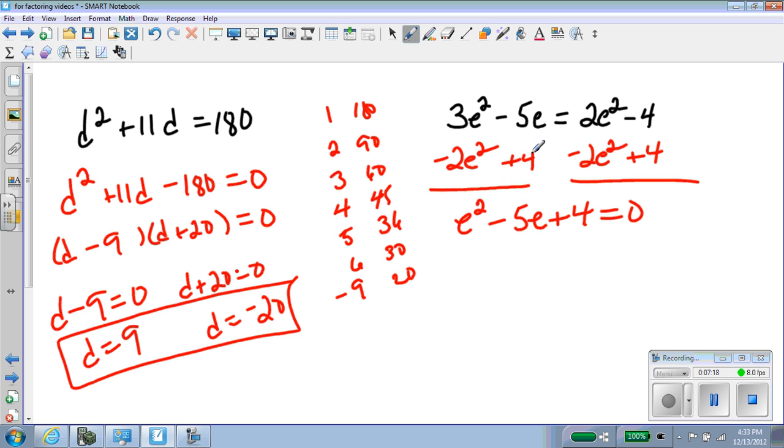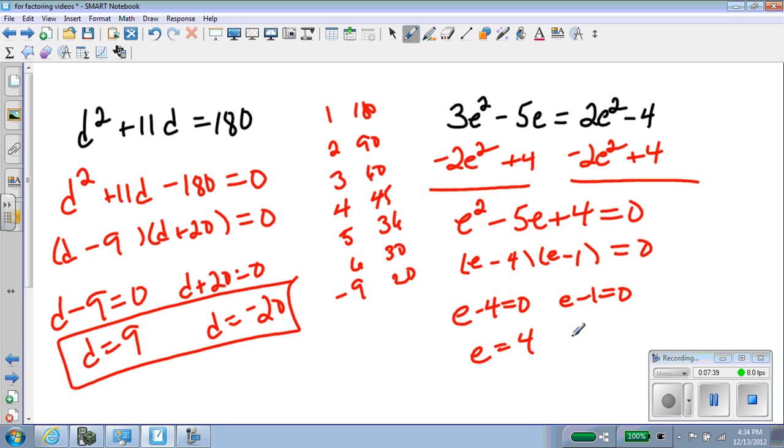Okay, so now I need something times something else equaling 0. So e and e. Factors of 4, 4 and 1, 2 and 2. I'm thinking 4 and 1, both negative. So e minus 4 equals 0, e minus 1 equals 0. So e equals 4, e equals 1. Presto.